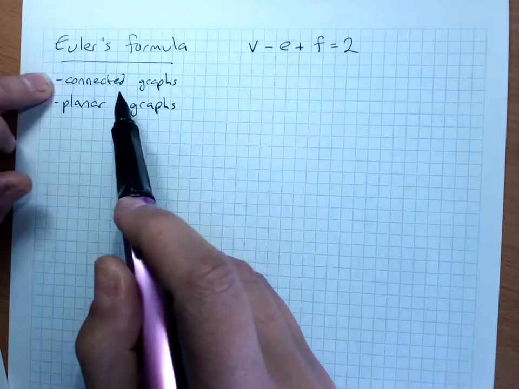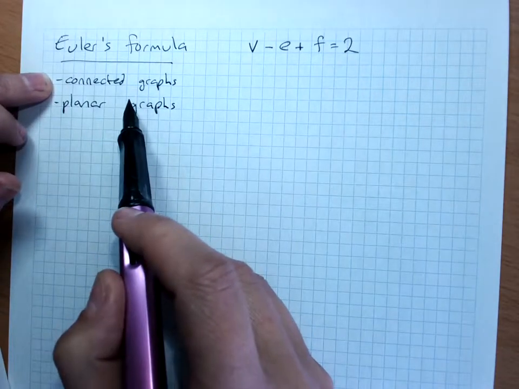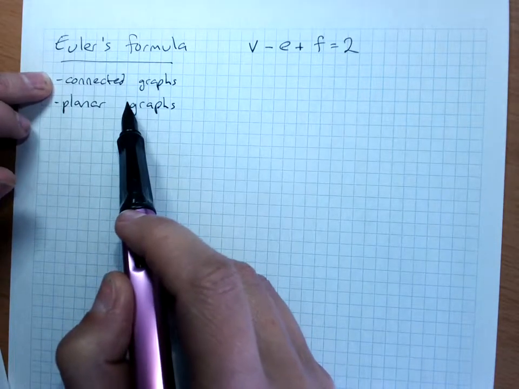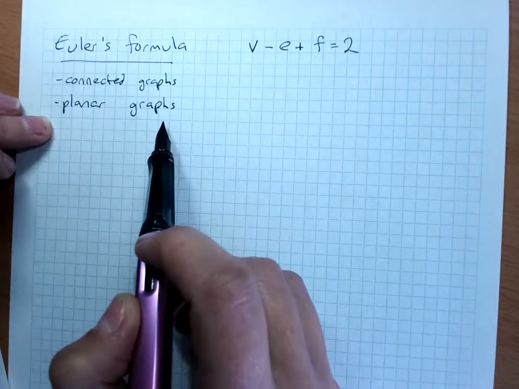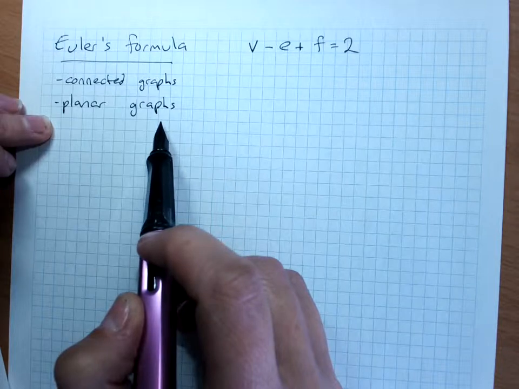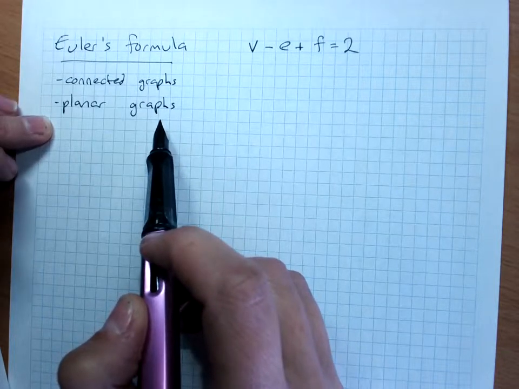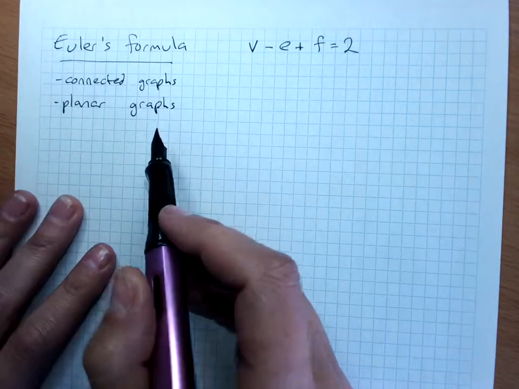So a connected graph, no vertex is off on its own. You can get to any vertex via a path, a walk. A planar graph, none of the edges overlap except if they're going through a vertex.